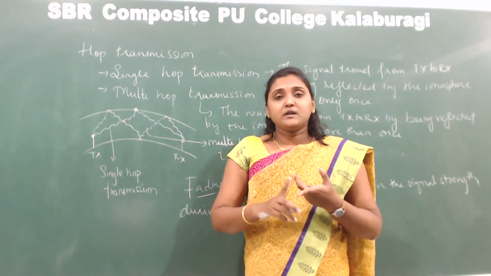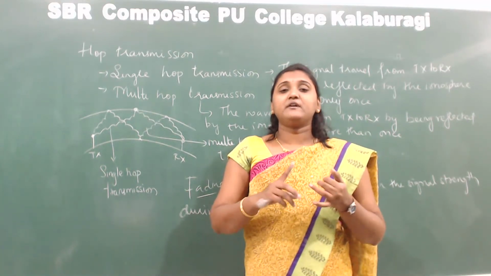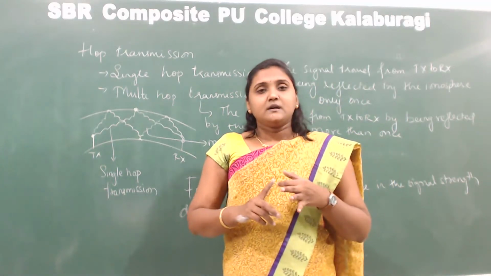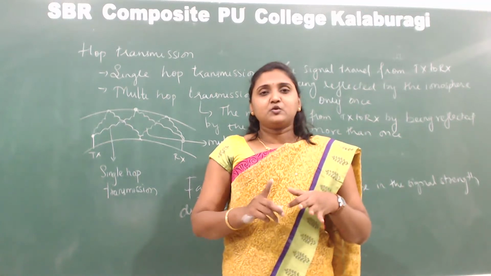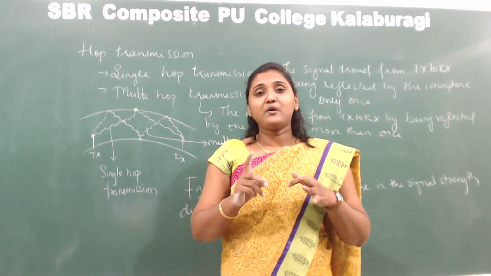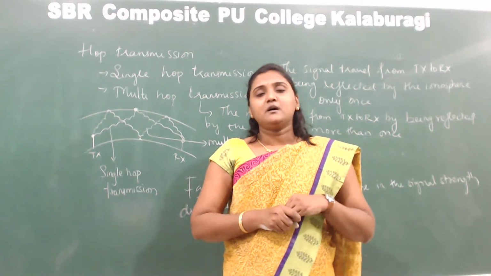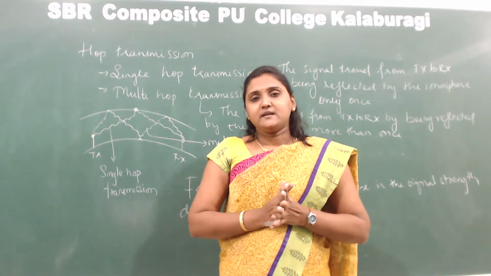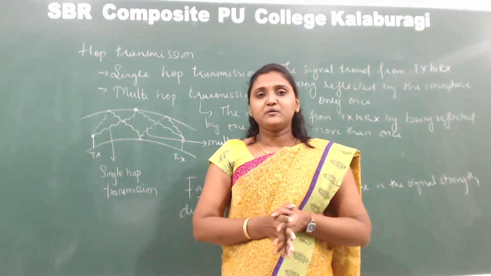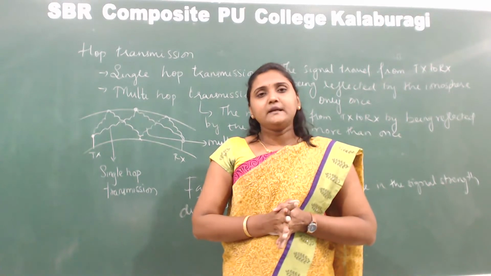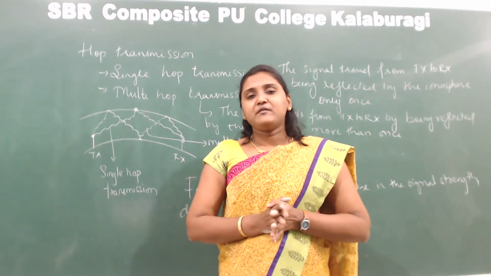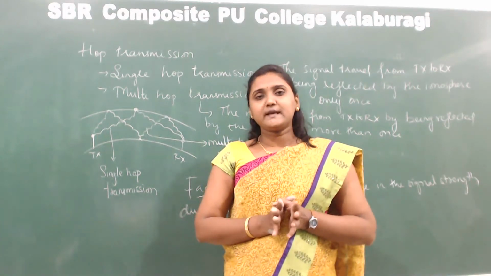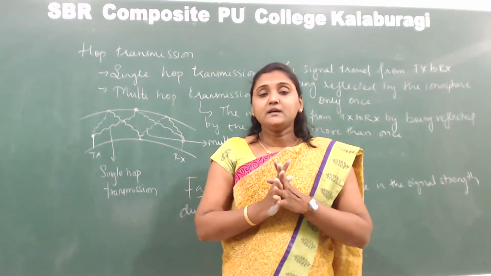Ground reflected waves are reflected once by the earth surface. Space wave requires the line of sight, a direct link between the receiver and the transmitter. Sky wave propagation occurs when the propagation takes place by being reflected by the ionosphere.